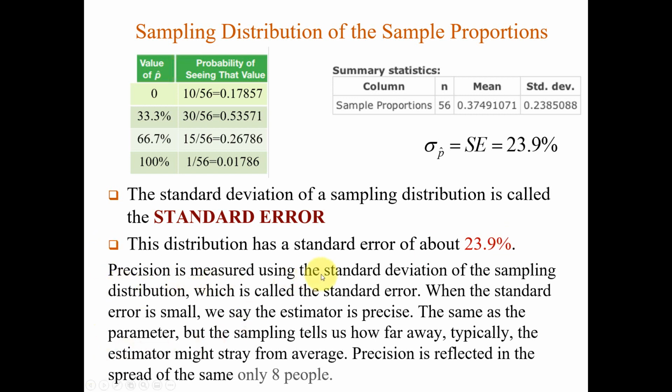Precision is measured using the standard error. When the standard error is small, we say that the estimator is precise. The standard error tells us how far away typically the estimator may stray from average. Just think of it as the standard deviation of the sampling distribution.